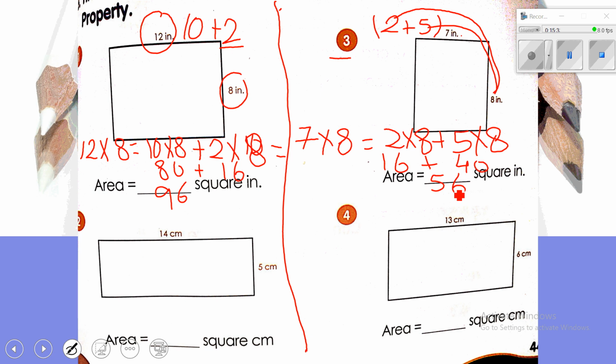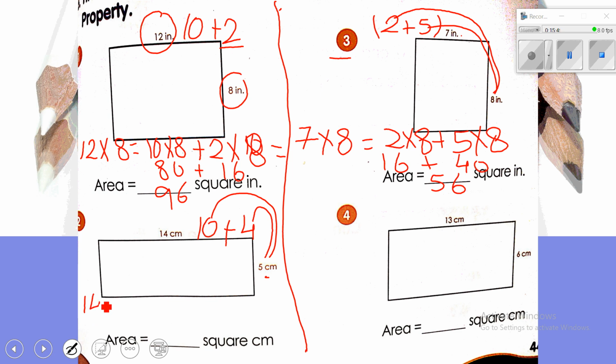Let's do this one for number 2. I can make 14, 10 plus 4. I multiply it first with 10 plus 5 by 4. Let's do it.